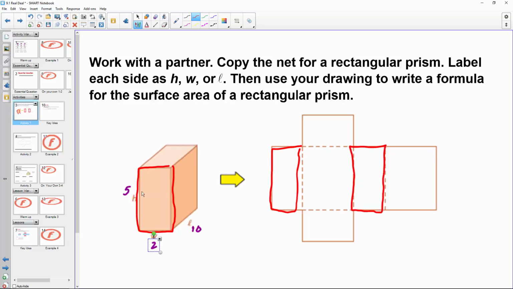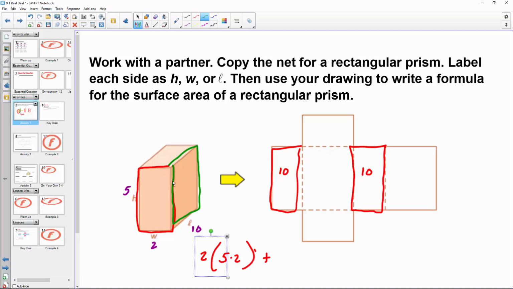When I look at the areas, I have 5 times 2, which is 10 here. I'm going to write that down here. So I have 5 times 2, and again, we just said that there are 2 of those. Then I'm going to add the next dimension, which would be this right here.